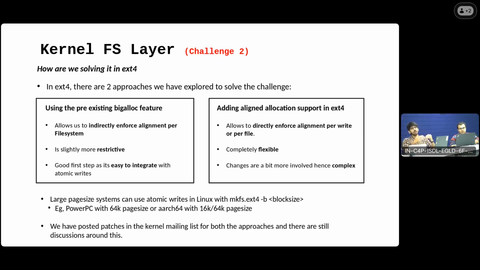So the physical blocks that you get will always be aligned to 32 KB, because that becomes your minimum unit size when big alloc is enabled. This is a pre-existing feature. There are different use cases for big alloc, not necessarily just alignment, but it's easy to integrate with atomic writes since it already exists. We explored that, and we were able to actually get atomic writes working with big alloc, and the alignment just worked.